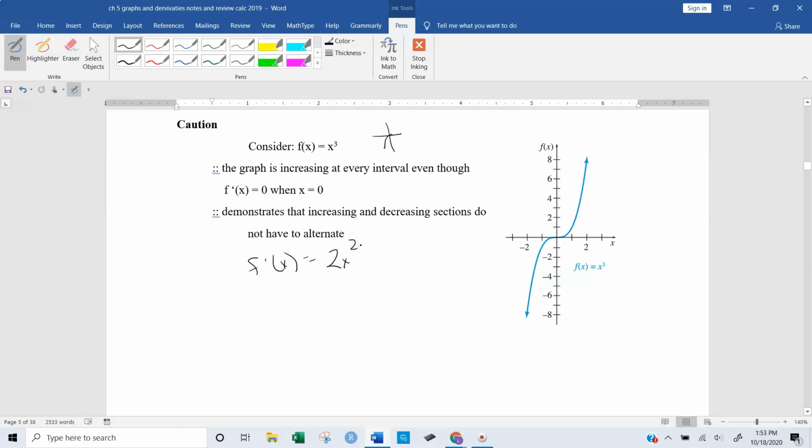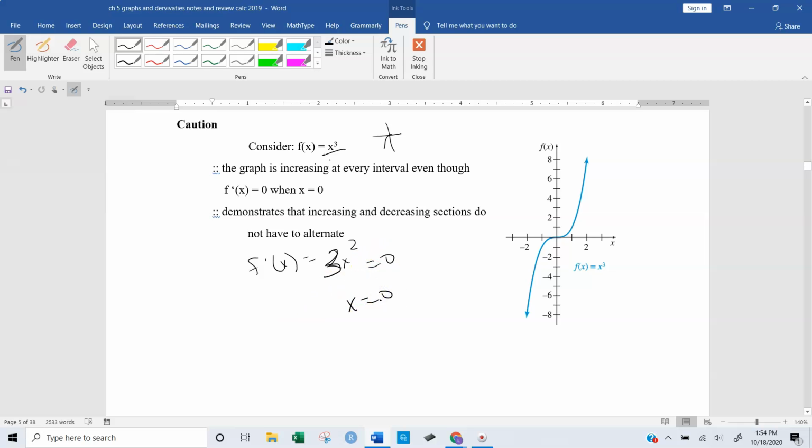When you set that equal to 0, you get x equals 0, correct? Well, when you plug x equals 0, that's a turning point, sorta, but it also happens to be your x-intercept, so it's doing everything. So here we've got, oh, I wrote that down wrong, 3x squared, I'm sorry. Still get 0. So then we have, when you set this equal to 0, you have x equals 0.